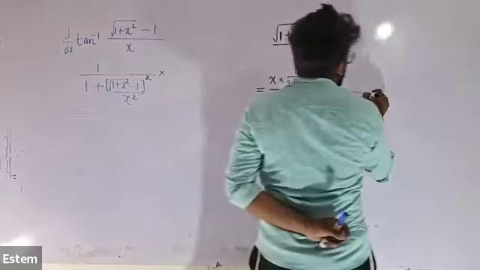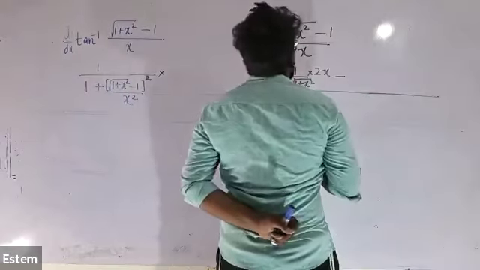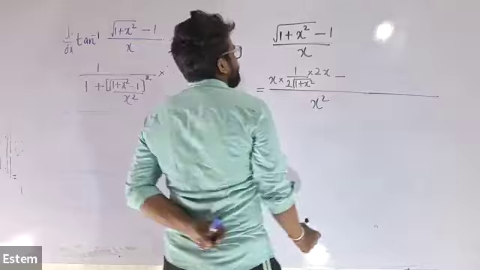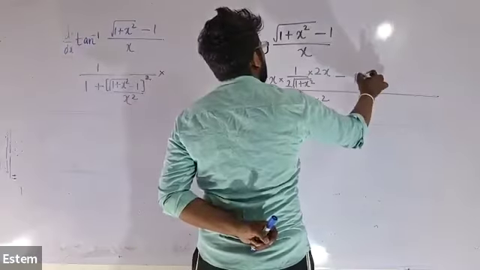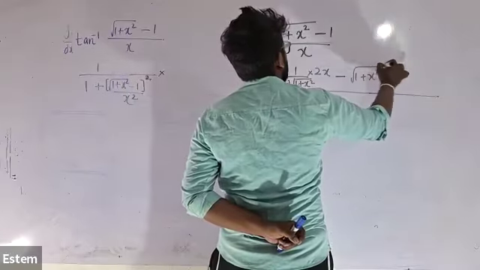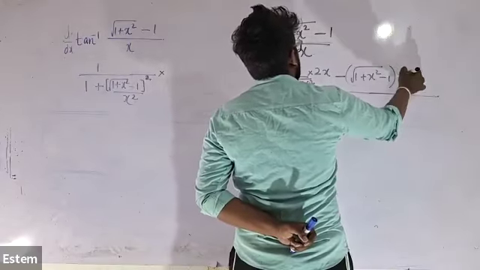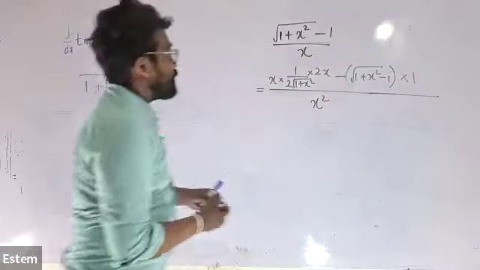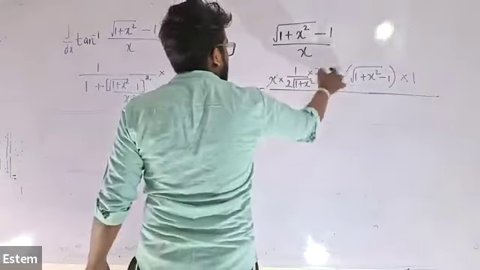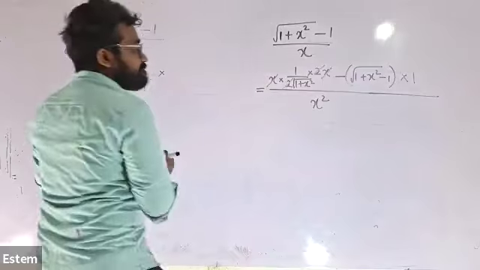It's minus. And now we should pick this square root of 1 plus x squared minus 1. And now we should differentiate x, which is 1. So we can cut off x and 2.